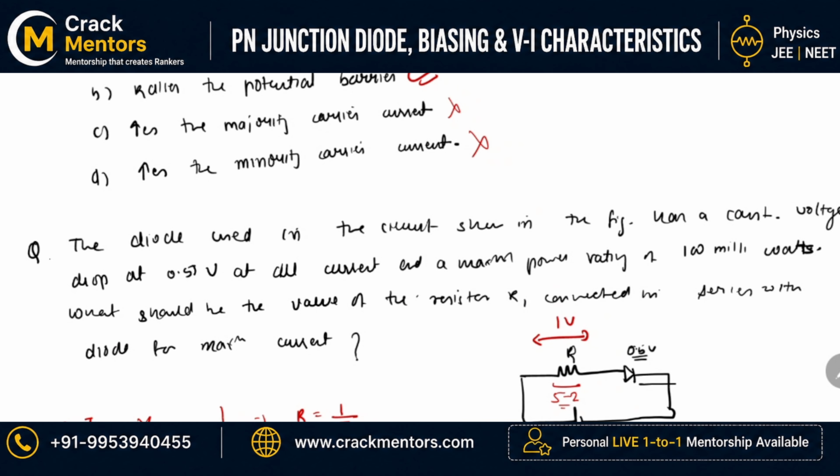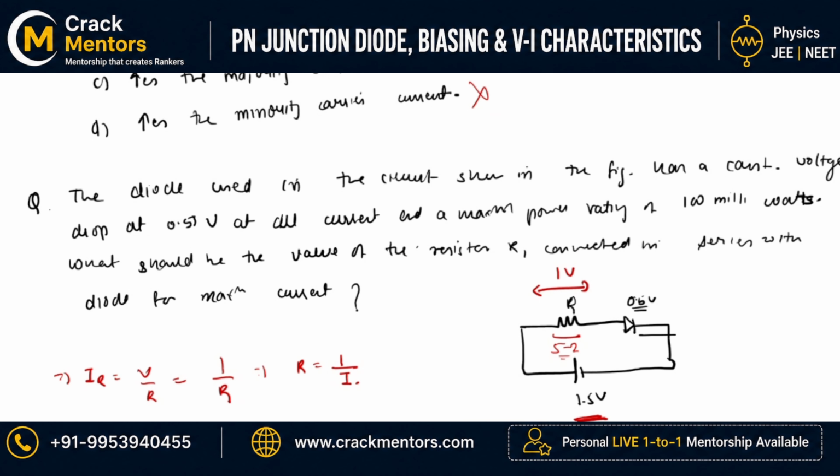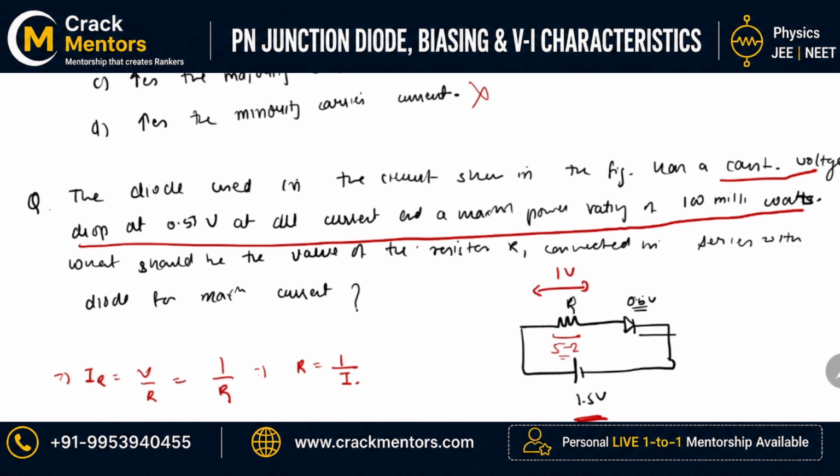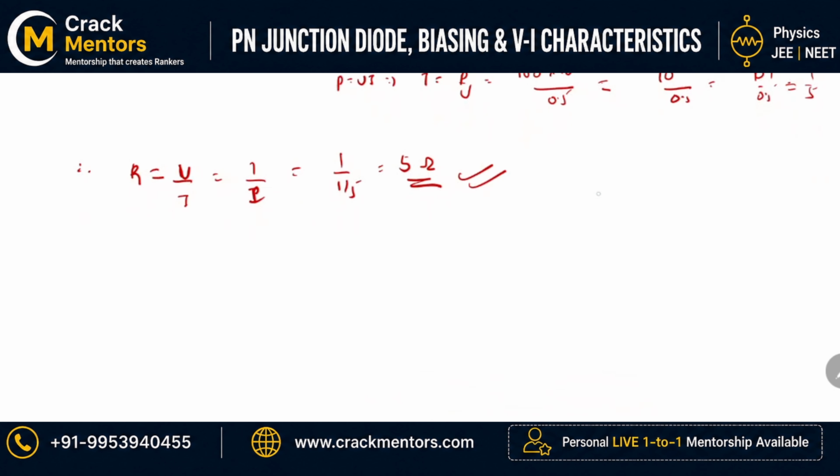But this is not actually the main thing I wanted to know from the question. If you read it carefully, the question says it has a constant voltage drop of 0.5 at all currents and a maximum power rating of 100 millivolt. Do you remember the IV characteristics graph? The graph in reverse bias is like this, and in forward bias the graph was something like this.